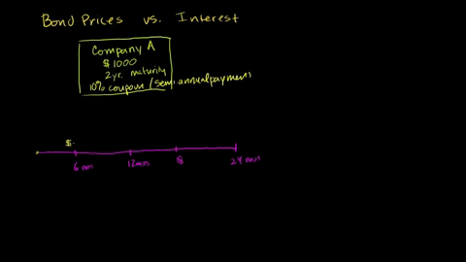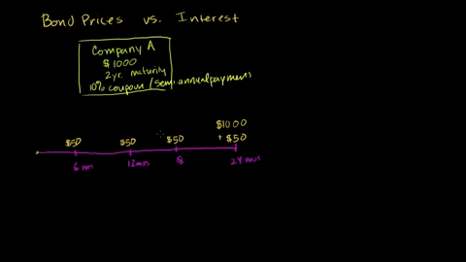So we're going to get $50 here, $50 here. These are going to be our coupon payments. $50 there. And then finally, at 2 years, we'll get $50, and we'll also get the par value of our bond. We'll also get $1,000. So we'll get 1,000 plus $50, 24 months from today.